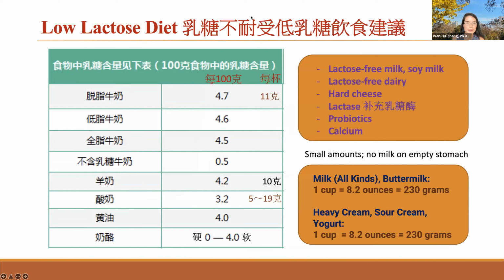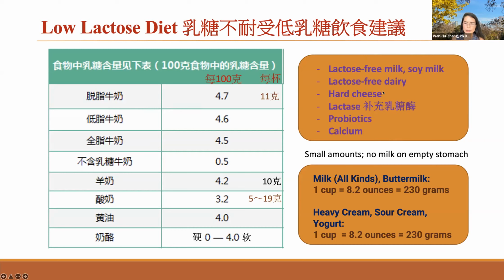Lactose intolerance is highly prevalent in Asians, about 90%. They can just take lactose-free milk or soy milk. And there are also some lactose-free dairy products for people with severe lactose intolerance.